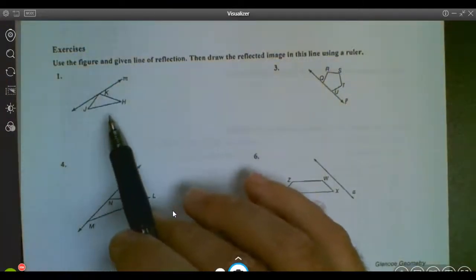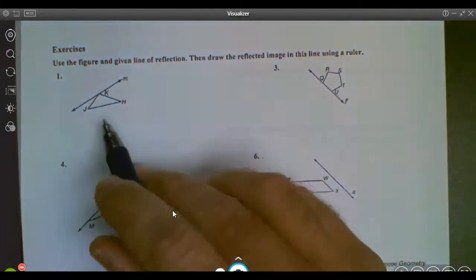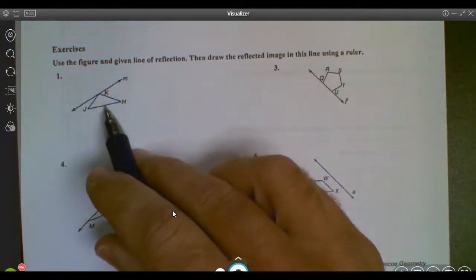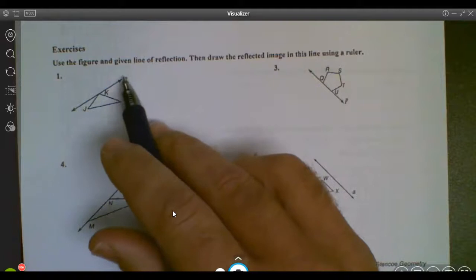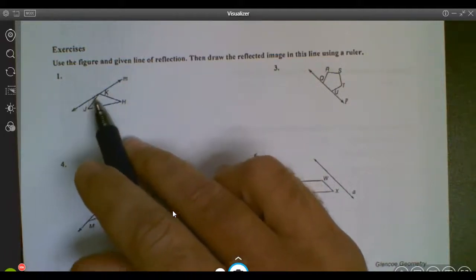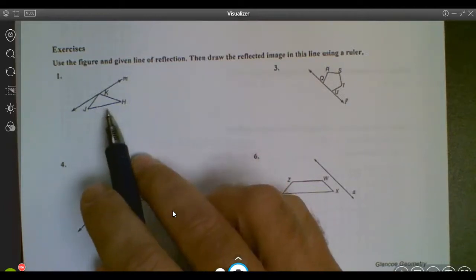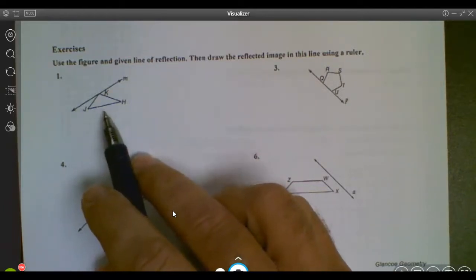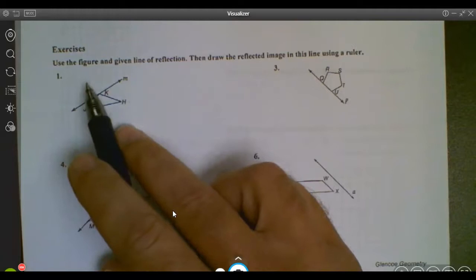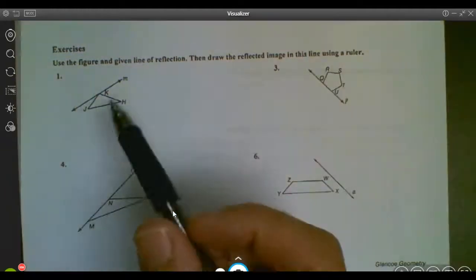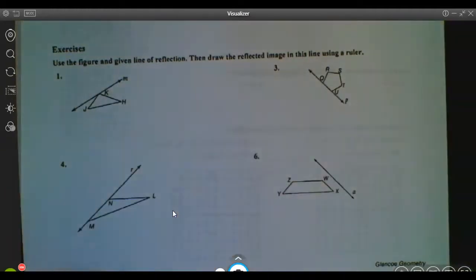But take a look at the triangle for number one. So as I look at this triangle, if I'm going to reflect this triangle across line M, which is going to be our line of reflection. Remember, this is called the pre-image. So JKH is the pre-image. Our goal is to come up with the image after it's been reflected across this line that I see right here.